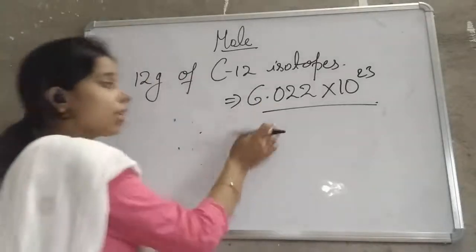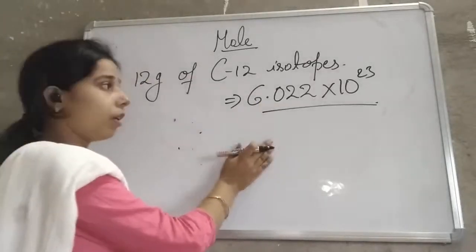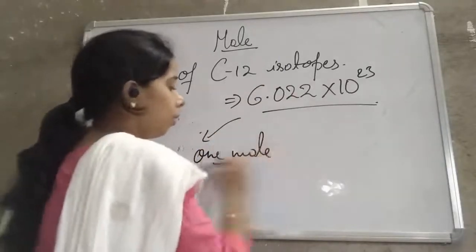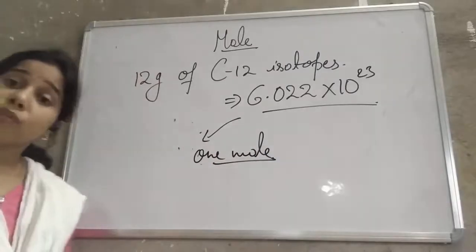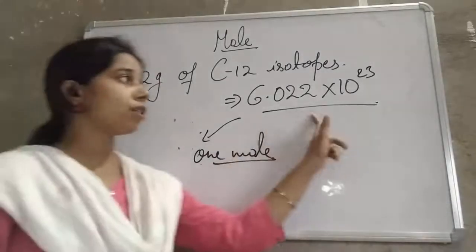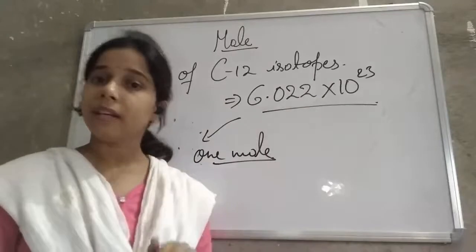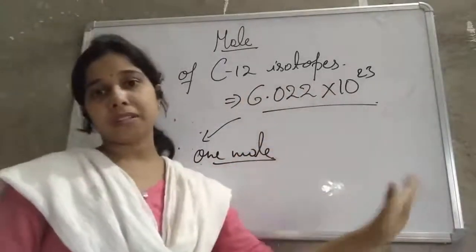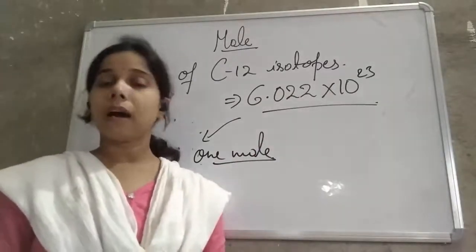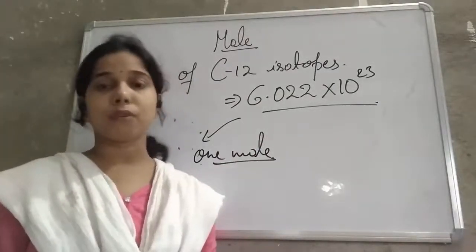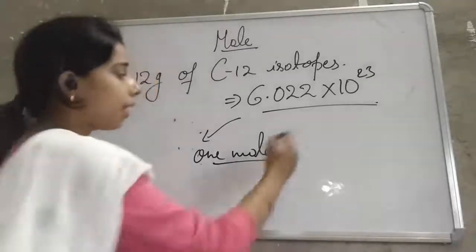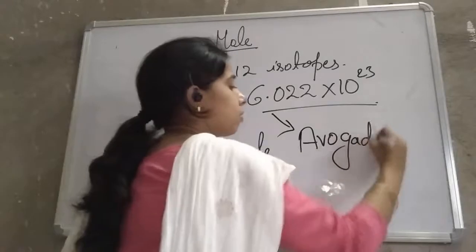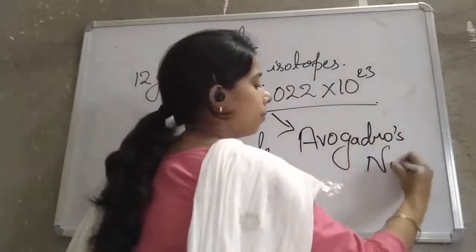Now this 6.022 × 10^23 represents 1 mole. So 1 mole is equal to 6.022 × 10^23. This number was given by an Italian scientist named Avogadro, and that's why it is also known as Avogadro's number.